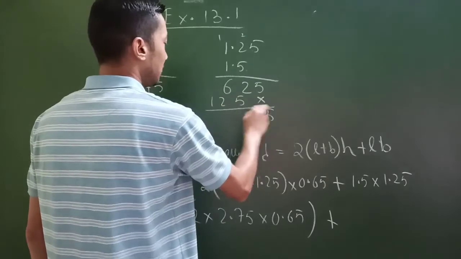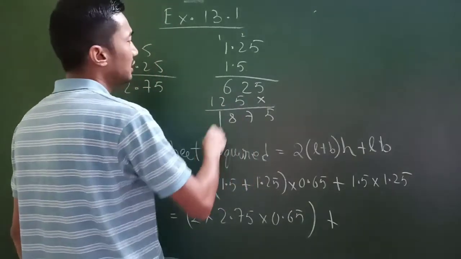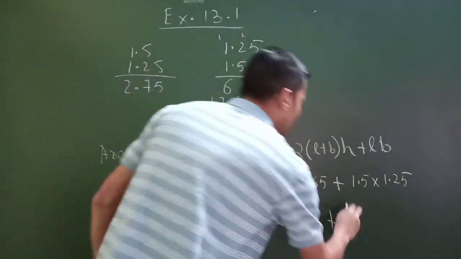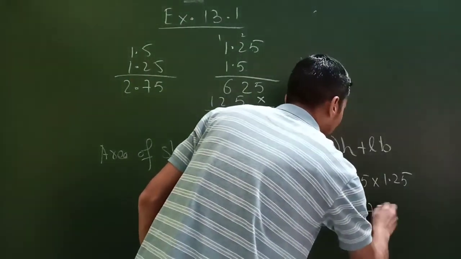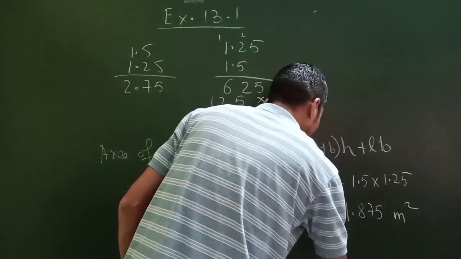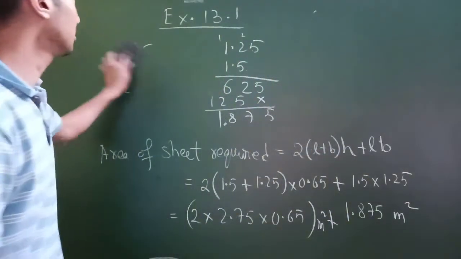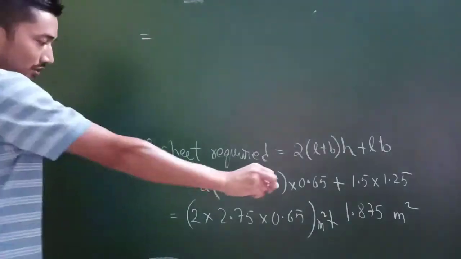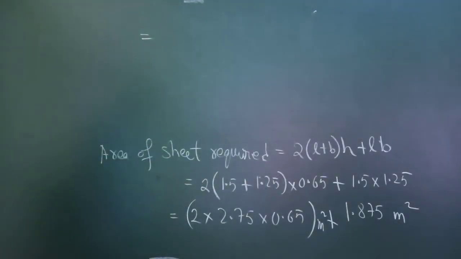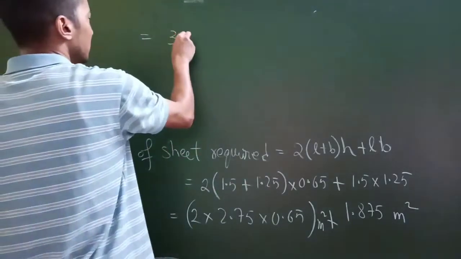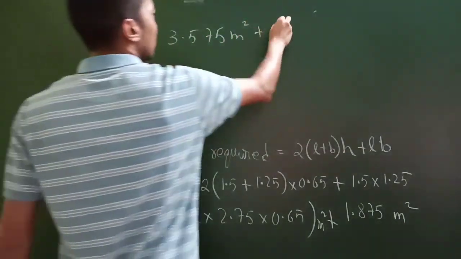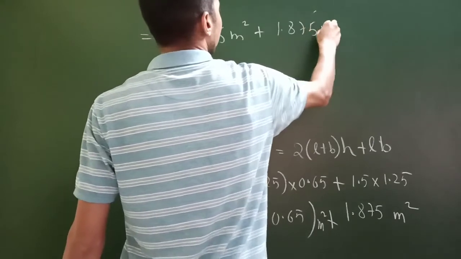So that's going to be 5 7 8 2. How many decimals in total? 1 2 3. So that's going to be 1.875. Area is meter square. Okay, meter square, meter square. So now, approximately we are going to get 3.575 meter square plus 1.875 meter square.